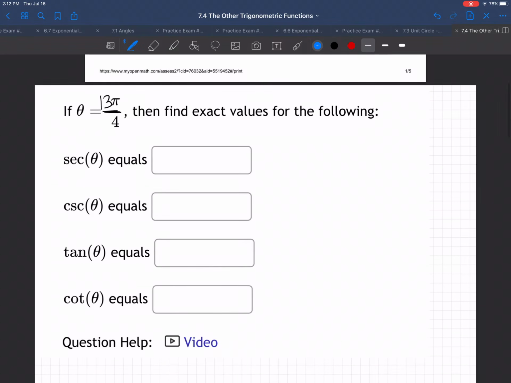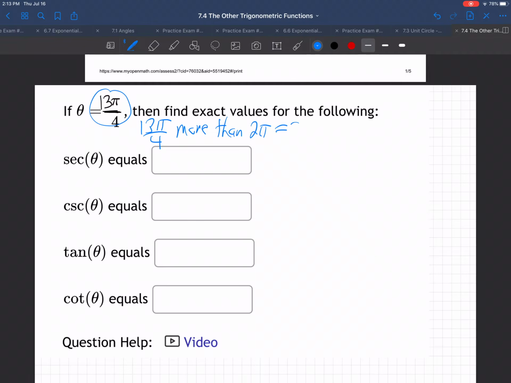Okay, so that means the secant here is going to be 1 over cosine. So then we have to go find cosine for 13 pi over 4. Now the trick about 13 pi over 4 is that it's more than 2 pi. How do I know?